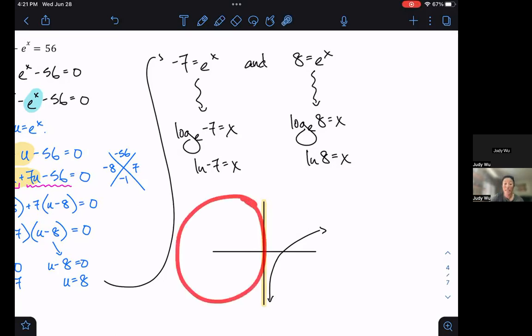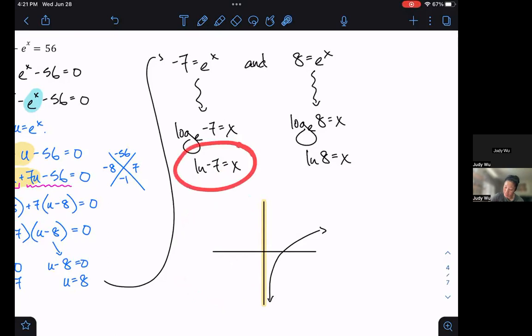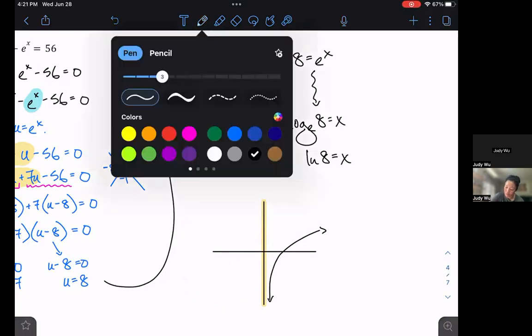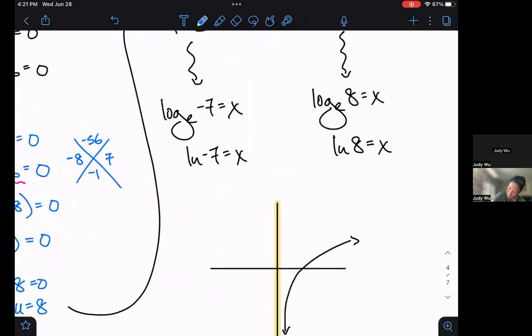We don't have any pictures over here, okay? So what does that mean? That means natural log of negative 7 would be like something over here, but there's no graph there. That means that this is actually what we call, in fancy terms, an extraneous solution. All right, and it is not an answer.